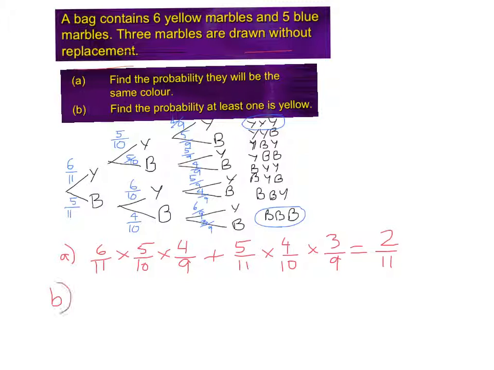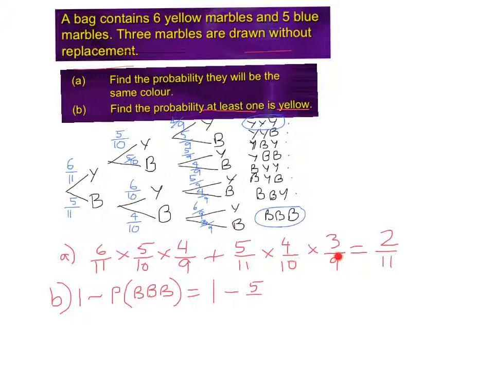And then let's work out B. Find the probability that at least one is yellow. Remember from complementary events last time, the probability of at least one yellow is equal to 1 minus the probability of no yellows, which is BBB. And the probability of BBB is, as we already said, going along this branch here.